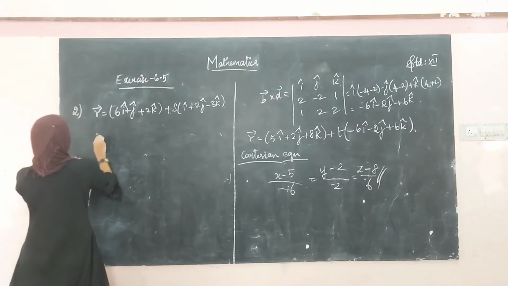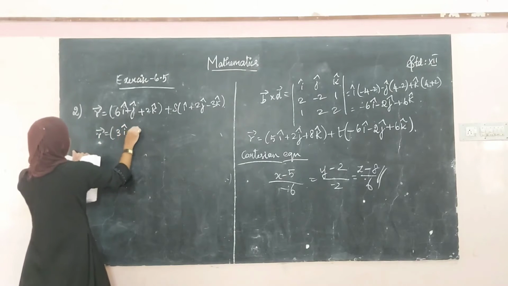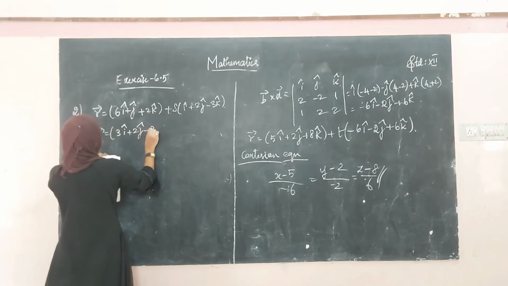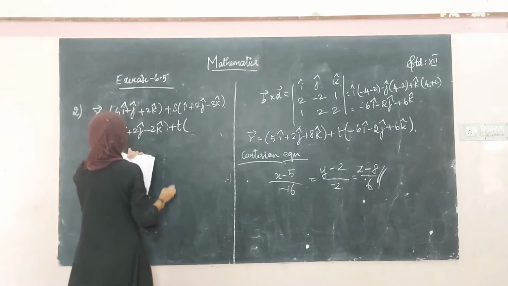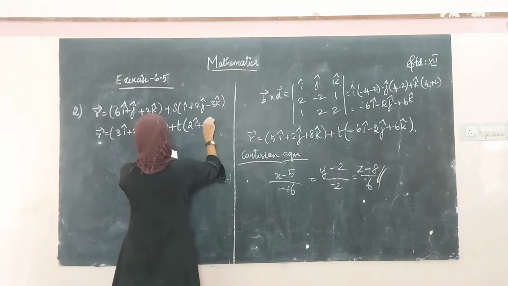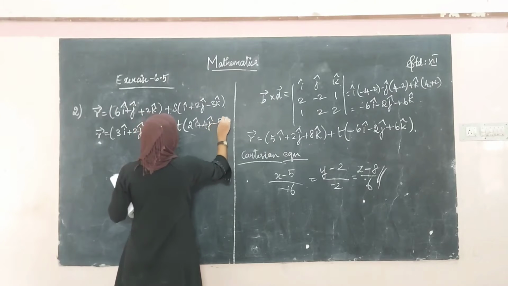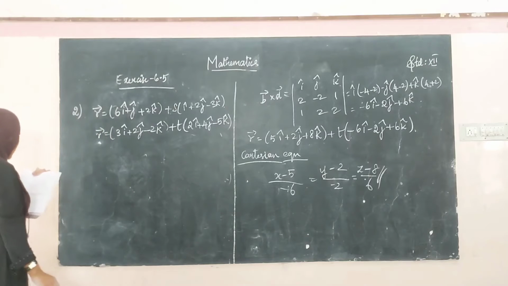And what is the other line? r vector is equal to 3 i cap plus 2 j cap minus 2 k cap plus t into (2 i cap plus 4 j cap minus 5 k cap). Okay, so these are the vectors they have given.